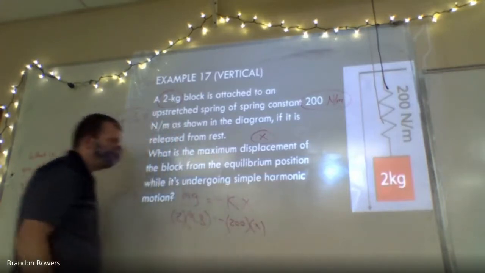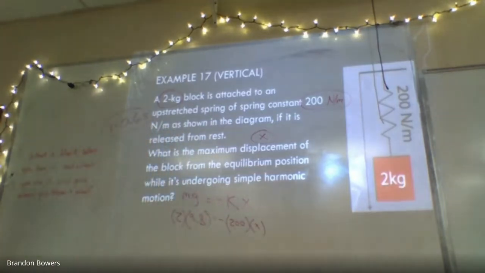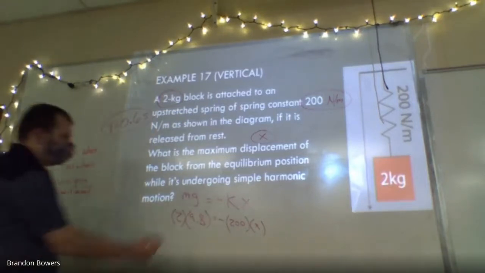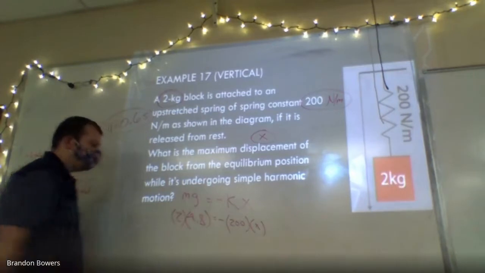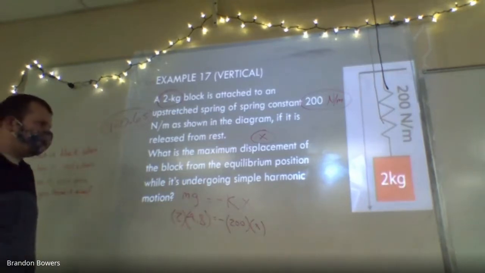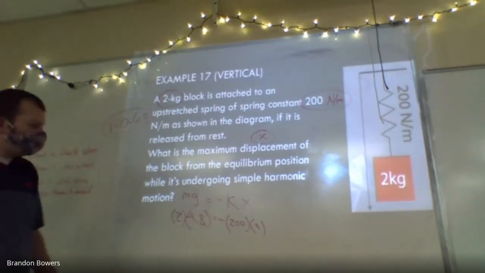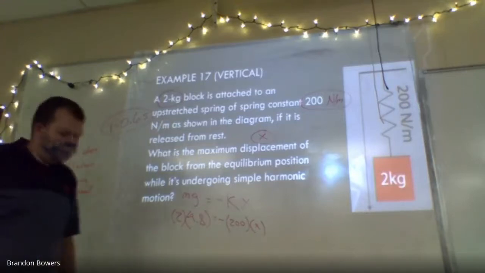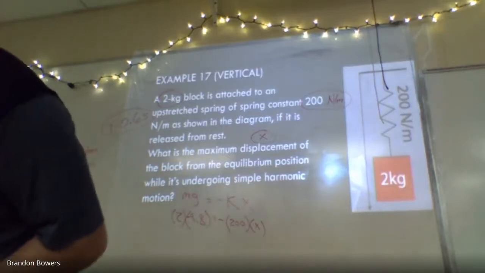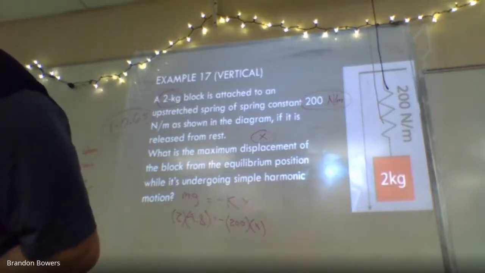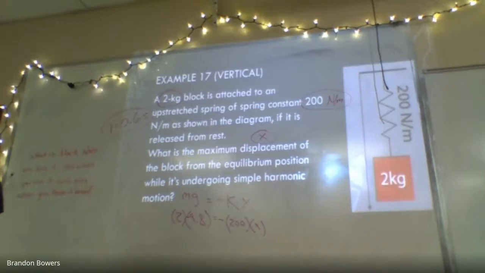Wouldn't 9.8 be negative? In theory, the displacement should have a direction. The direction's going to be down. But yeah, it should. Anybody get an answer here? 0.098 says 0.1.